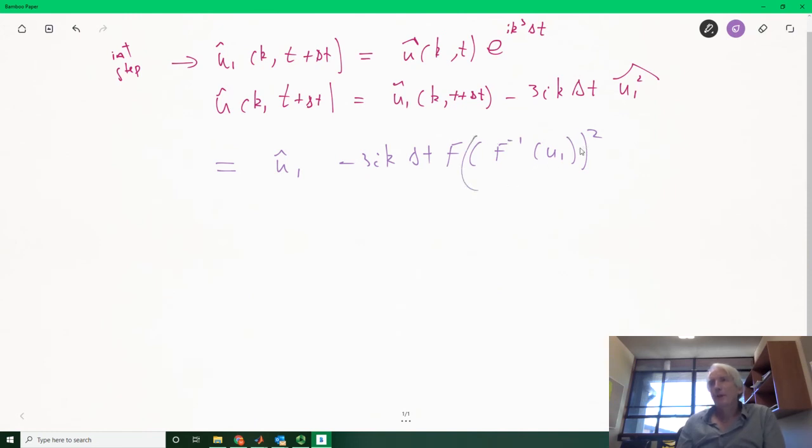We need another bracket around that. So we take the function itself, we inverse Fourier transform, so this is u1 hat, the intermediate step. We inverse Fourier transform it, so we get back to the u space, then we square it, and then we Fourier transform and advance it like that.